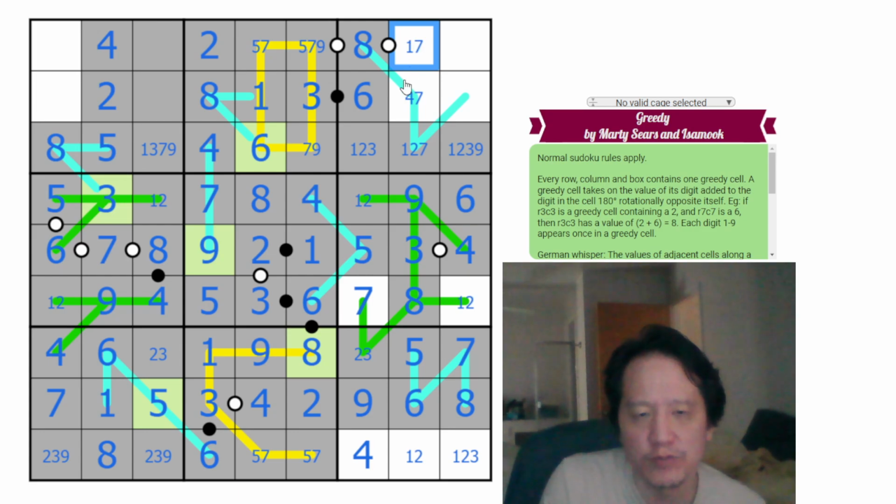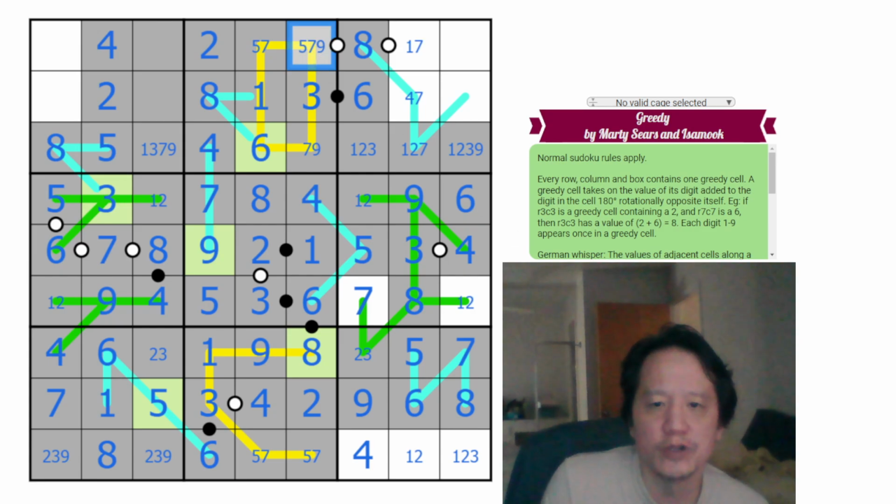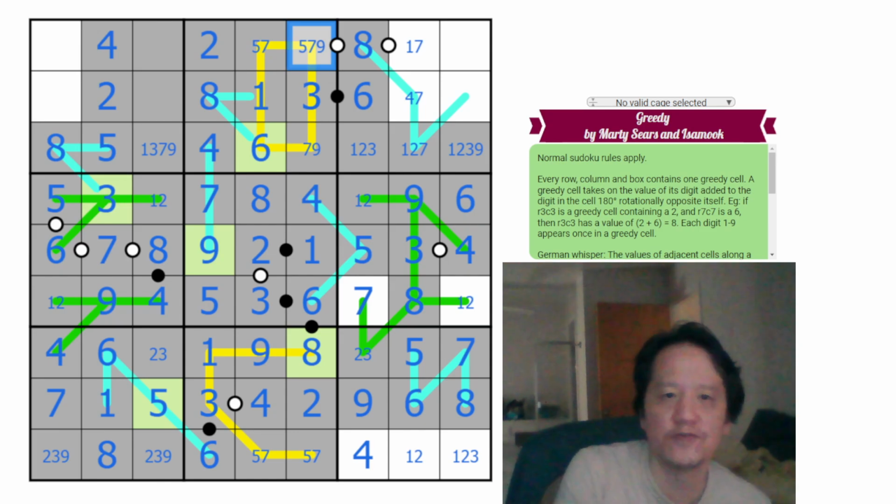And so then this couldn't work because it can't be 9. So we know this is not greedy. This technically can't be greedy. Oh, it could be. Could be 1. So this is specifically 7 or 9.